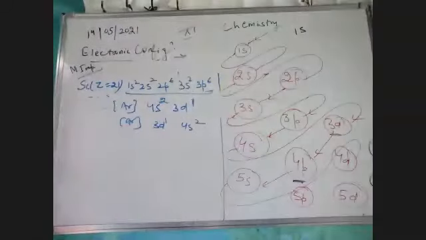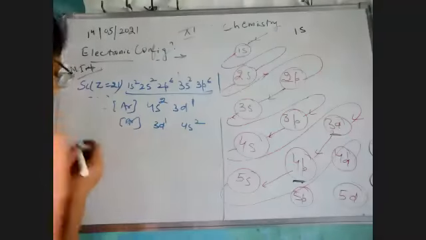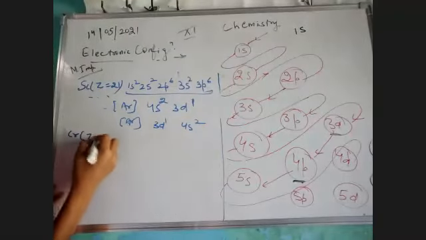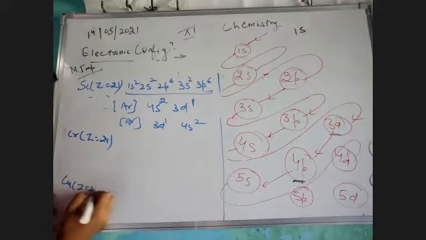The topic I'm talking about right now is the most important topic. I have the example of chromium and copper. Chromium has Z equals 24 and copper has Z equals 29.